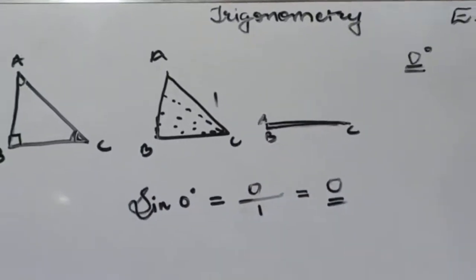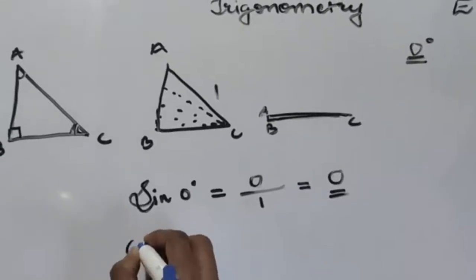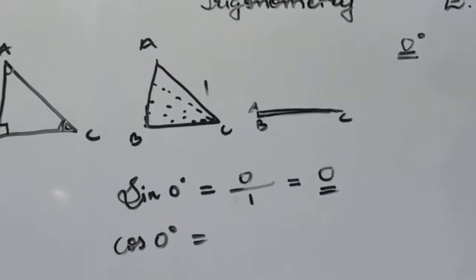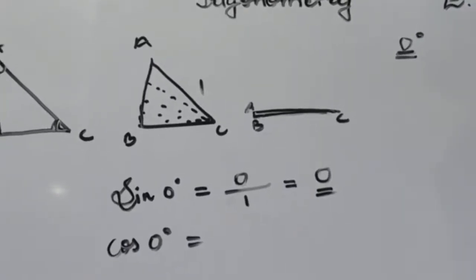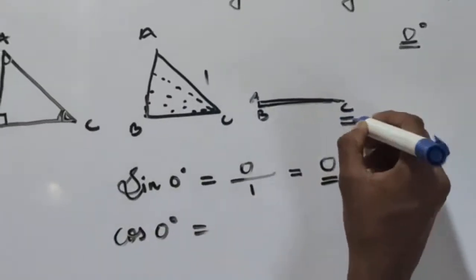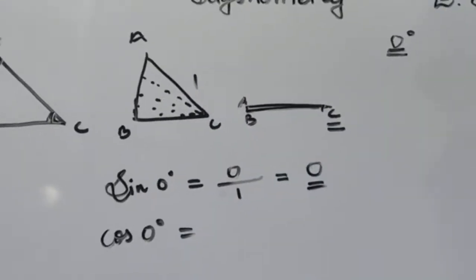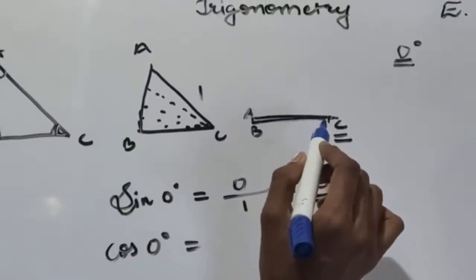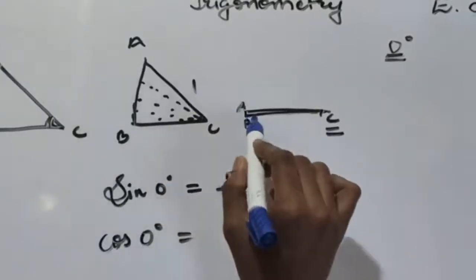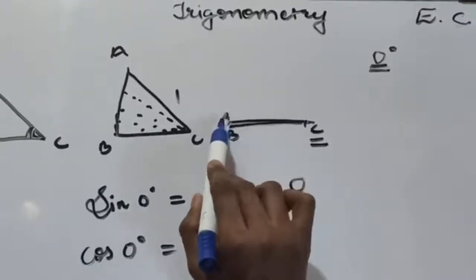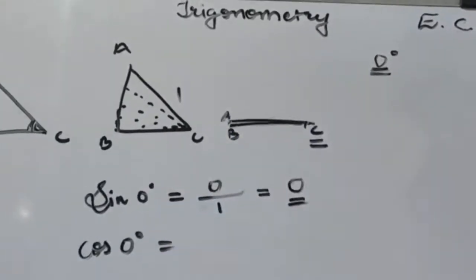Any doubts? Okay. So let's move on now towards finding the value for cos 0 degree. As we know, cos is given by adjacent side upon hypotenuse. We are talking about this angle C, the 0 degree angle. So the adjacent side is side BC and the hypotenuse is side AC. Now, if you observe, when we are reducing the length of AB, the length of side AC is nearly equal to BC.